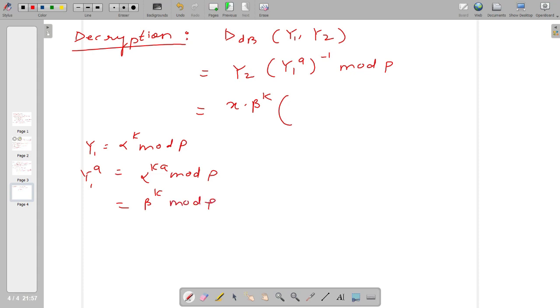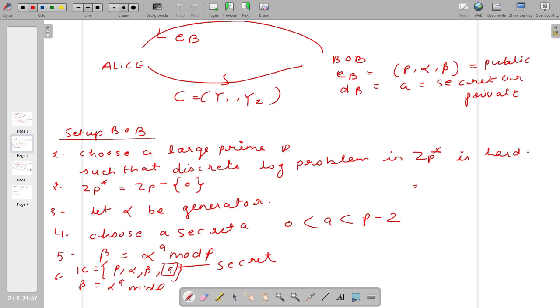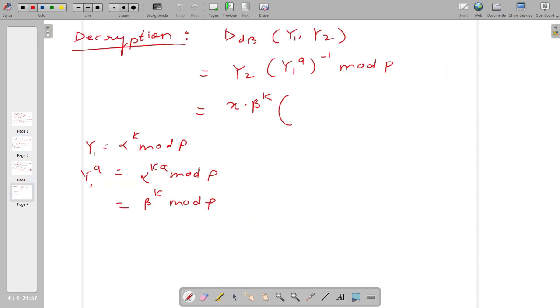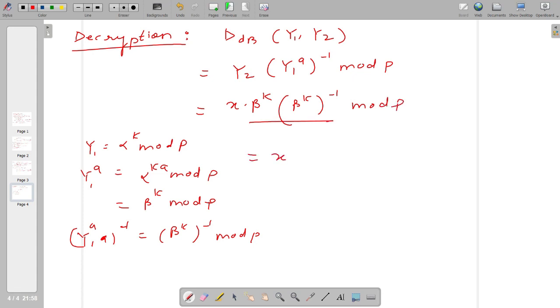Because beta is equal to alpha to the power a mod P. Now if I write (y1 to the power a) inverse, it is going to be (beta to the power k) inverse mod P. So beta to the power k times its inverse mod P is going to be 1, and then it is going to be x mod P, which is equal to x. Hence the decryption works this way. This is how Bob is able to generate the plain text.